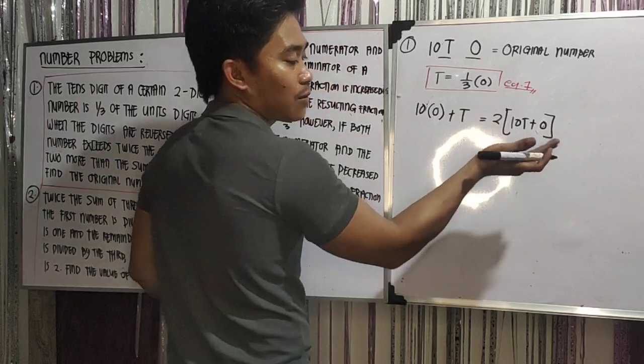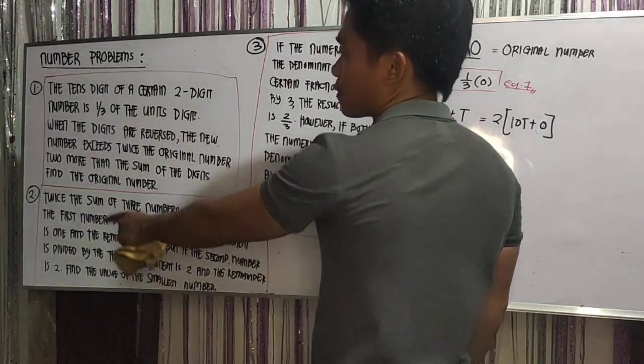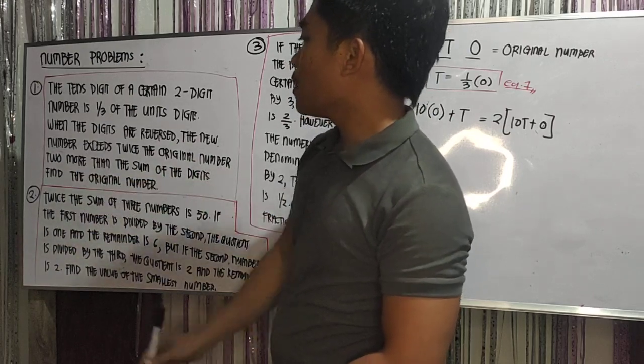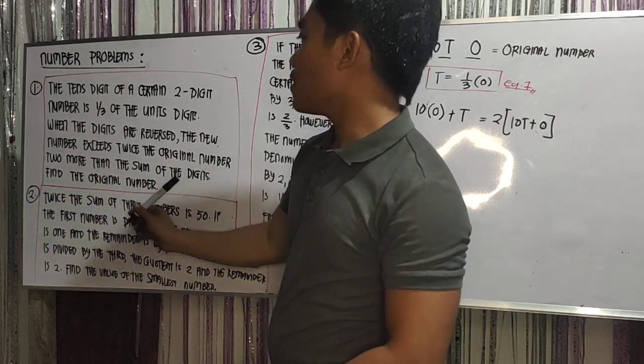Is that all? Wait, there's more. When the digits are reversed, the new number exceeds twice the original number by 2 more than the sum of the digits.